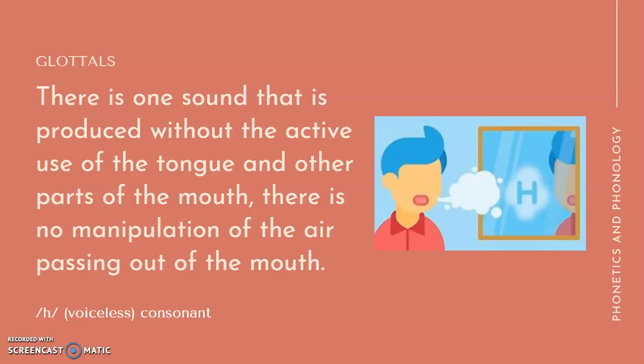Finally, we have glottals. There is one sound that is produced without the active use of the tongue and other parts of the mouth. There is no manipulation of the air passing out of the mouth. This sound is voiceless.